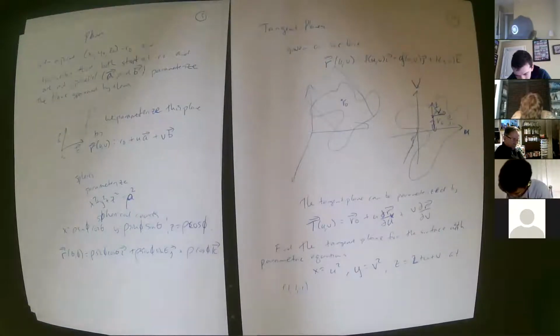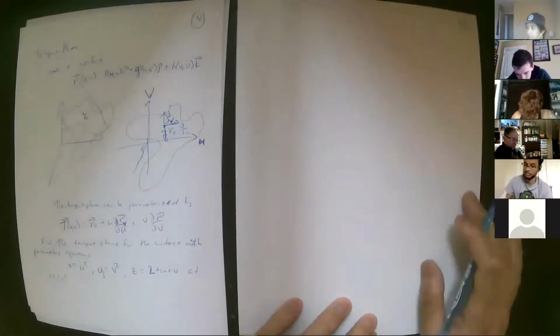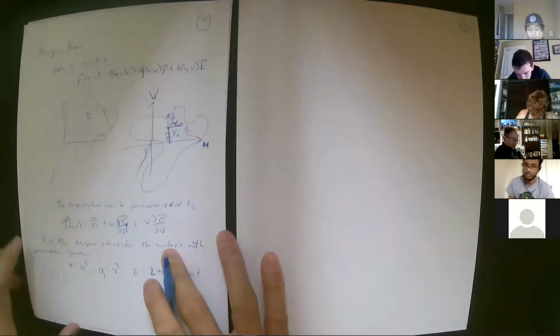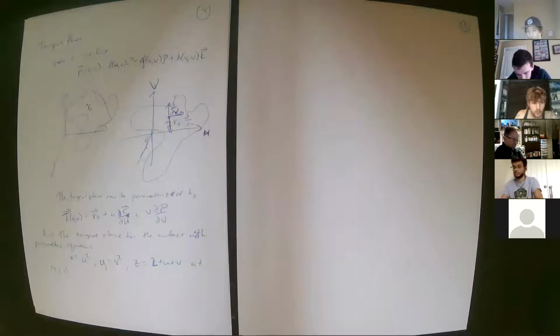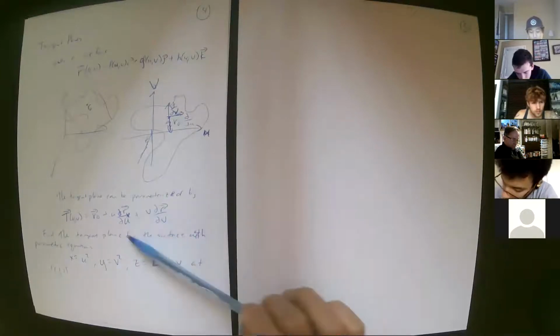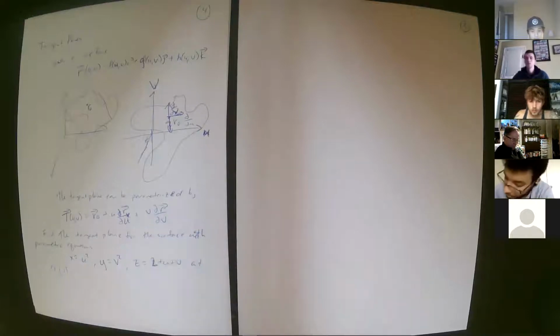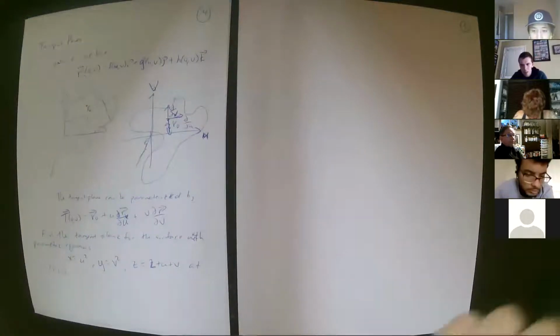Okay. So what's the first thing I want to do? I've got to find these partial derivatives. So how do I find the partial derivatives? This is the derivative of r with respect to u. So what is the derivative of r with respect to u?